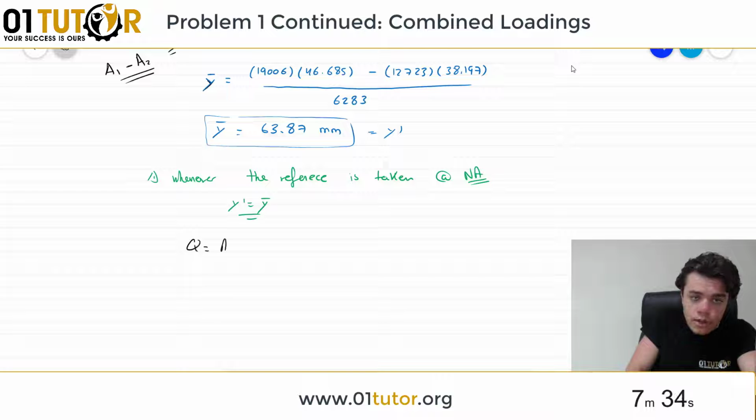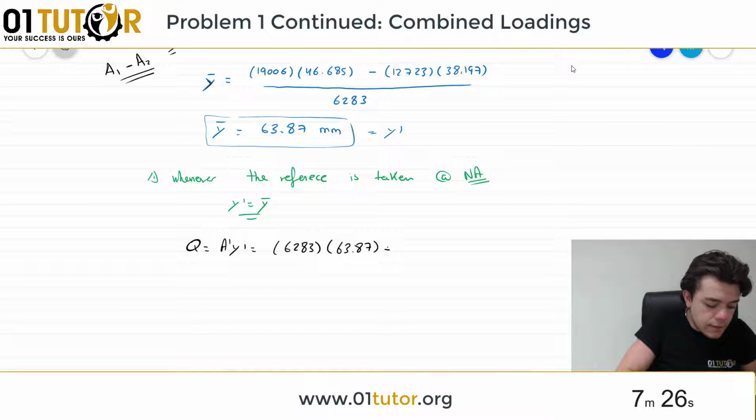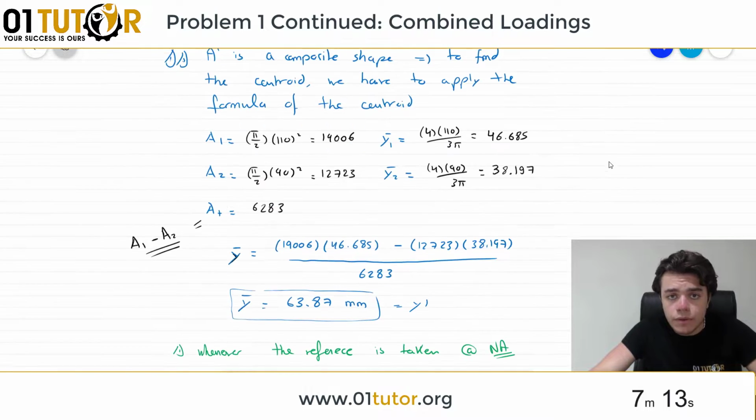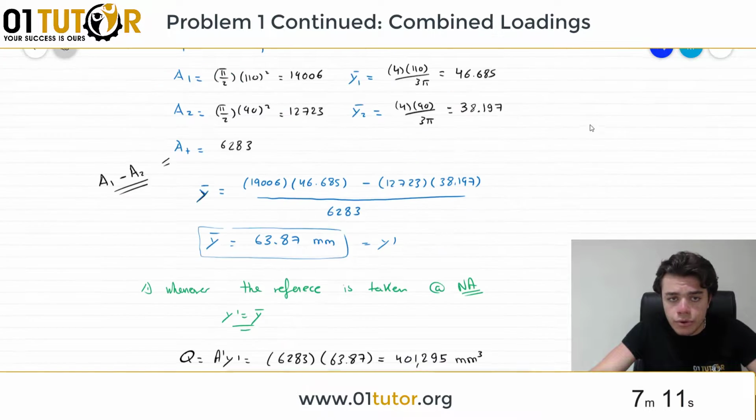Therefore Q is going to be equal to A prime y prime, where A prime is 6283 multiplied by 63.87, and you're going to have 401,295 millimeters cubed. So this is your cube.